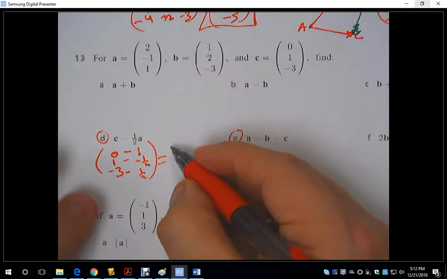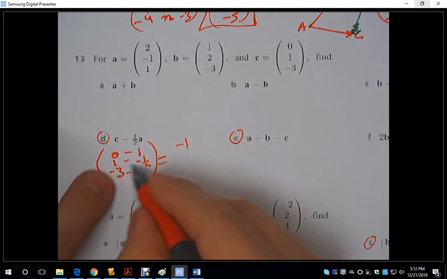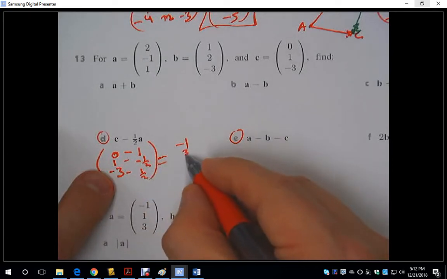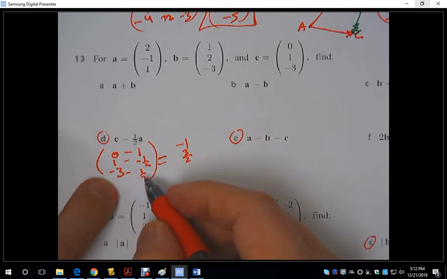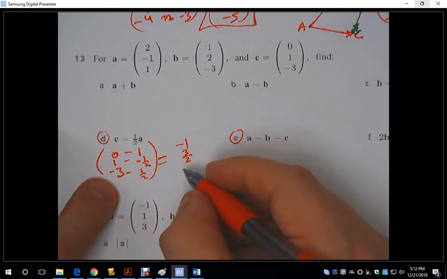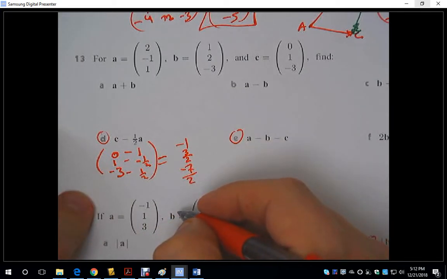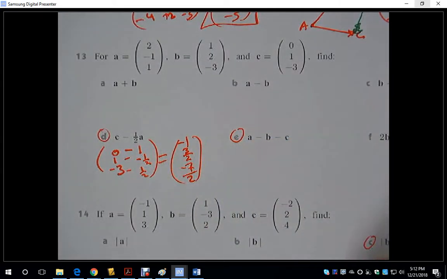So my new vector should be 0 minus 1 is negative 1. 0 minus negative, that's a positive, so 1 plus 1/2 is going to give me 3/2. And then negative 3 minus 1/2 is going to give me negative 7 halves. And there you go. This is my vector.